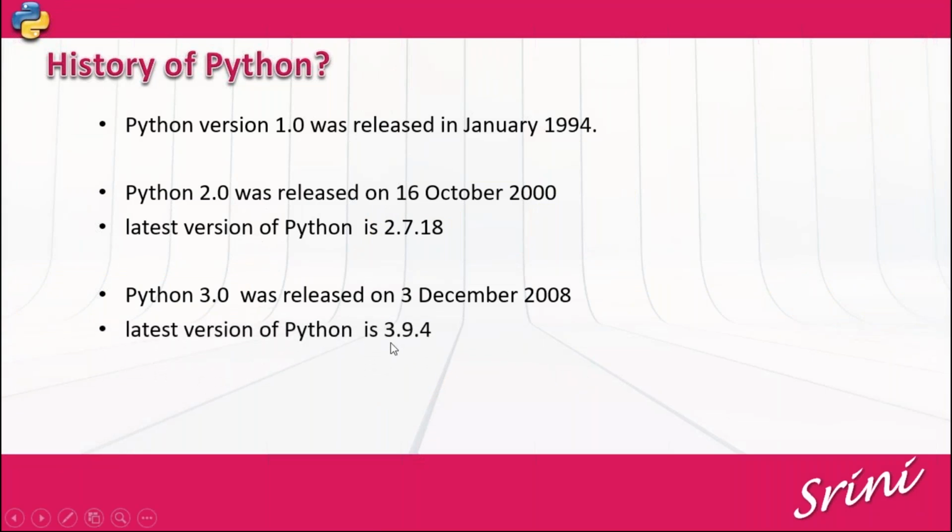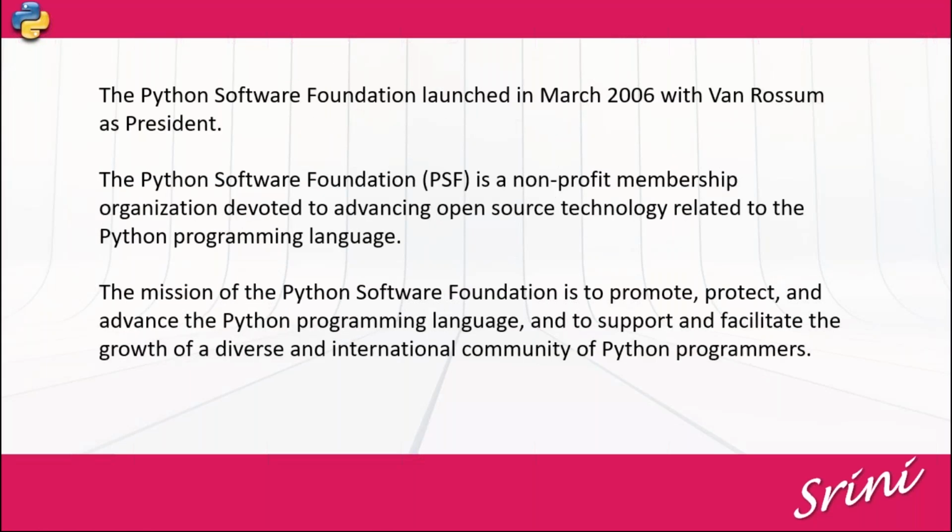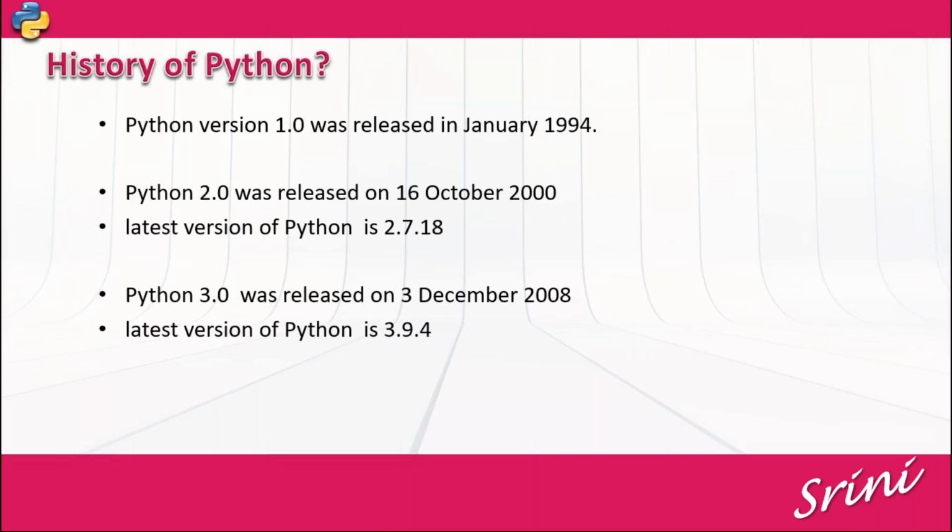The latest version of Python 3 is Python 3.9.4, which was released just a month ago. This is just the version history of Python. Don't worry, at present we are working with the Python 3 series, the latest version.